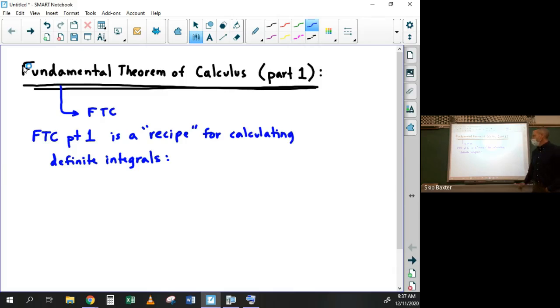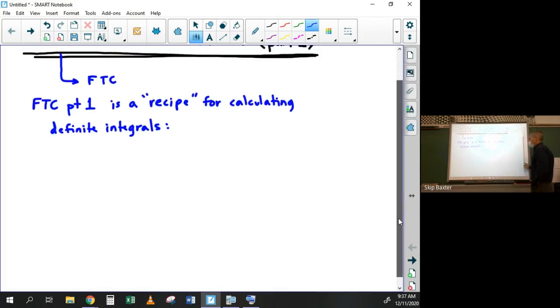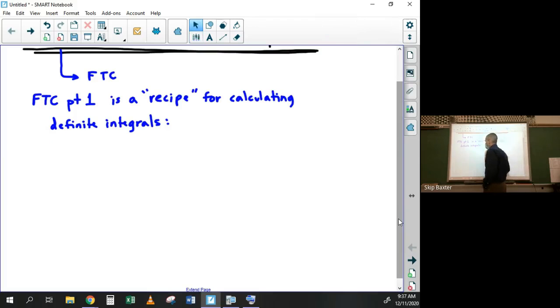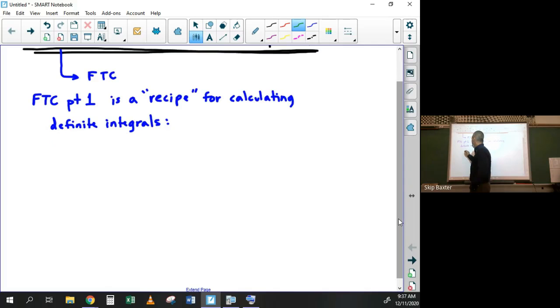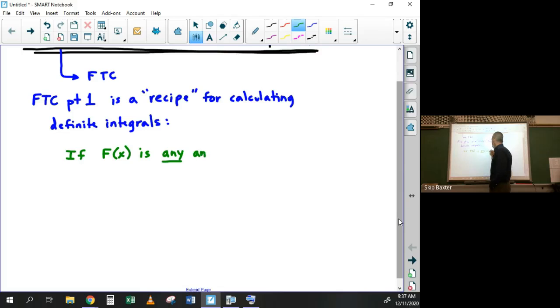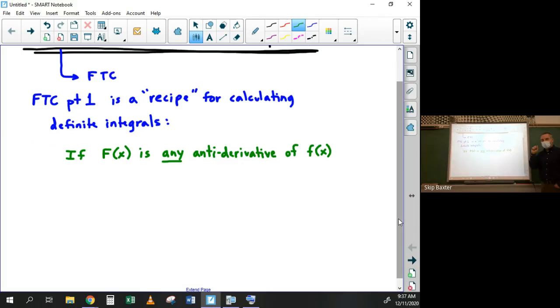Okay, so here's the rule, or here's the FTC part one. It's: if capital F of x is any antiderivative of little f of x. So remember, antiderivative, that's just code word for indefinite integral, right?